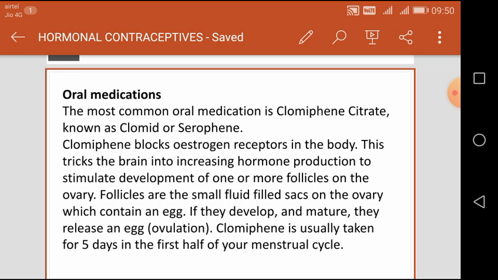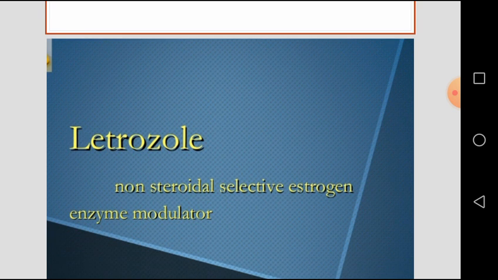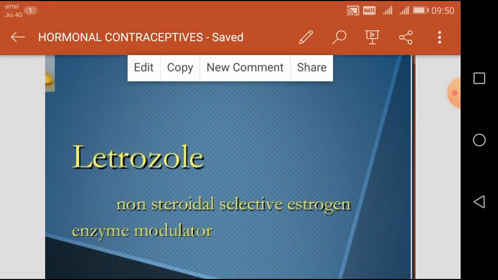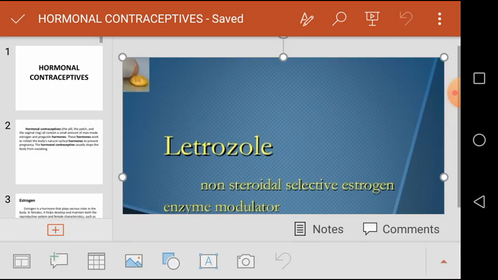Clomiphene is usually taken for 5 days in the first half of your menstrual cycle. Okay. The trade name of this drug is letrozole, a non-steroidal selective estrogen enzyme modulator.